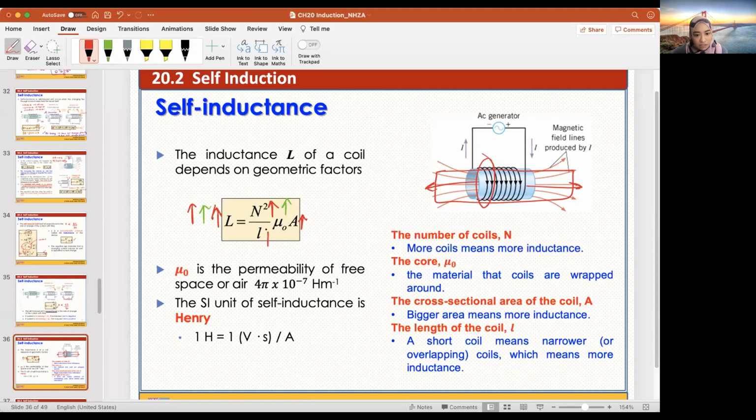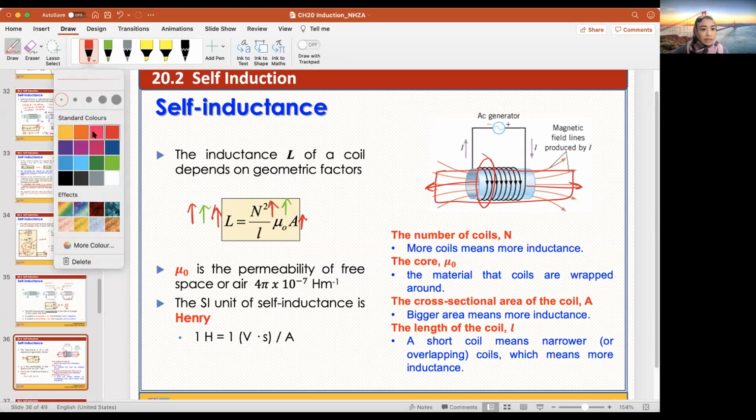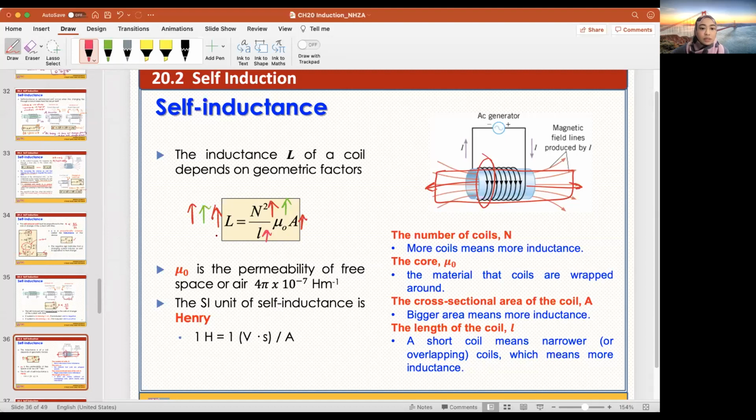So if I increase my length, right, my inductance will go down. My inductance will go down. So just look at this equation. If they ask you, how can you improve the performance of your inductor? Look at your equation.